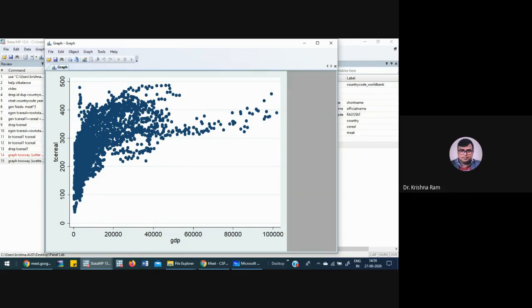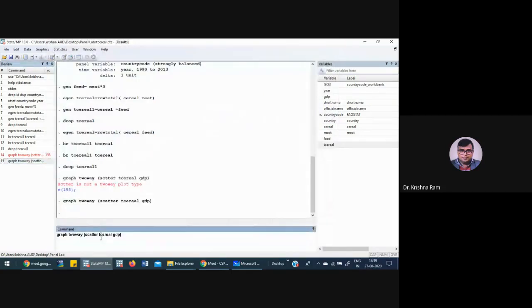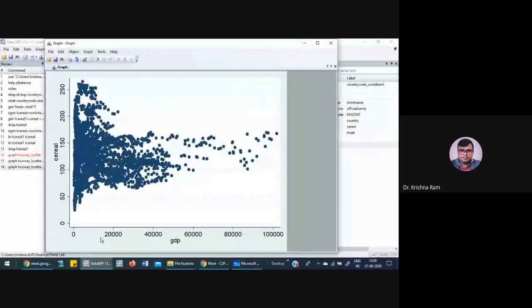So this one is one graph. Another graph I am going to show you is where I am just plotting cereal consumption instead of total cereal consumption. If I plot this one, it looks like this.